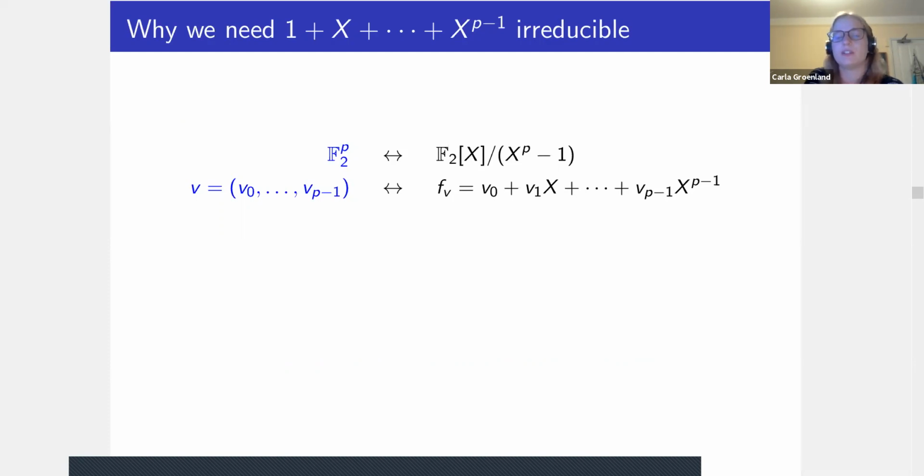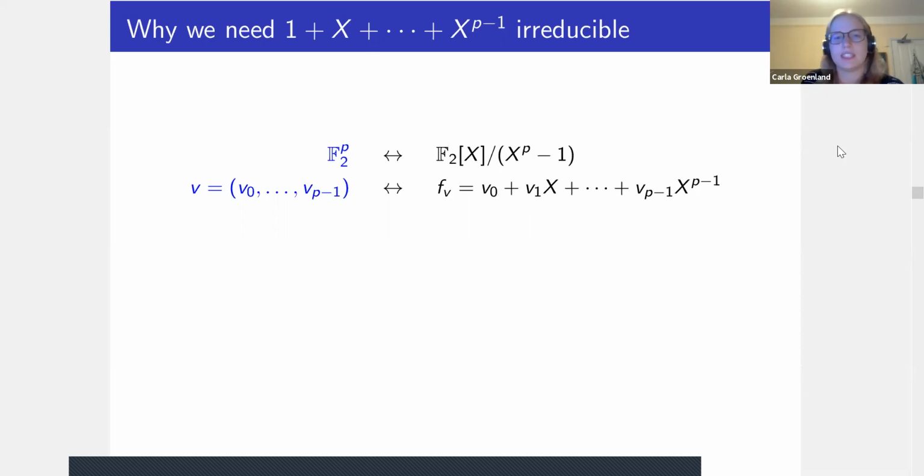And if we now look modulo the polynomial x to the p minus 1, then multiplication by x is the same thing as shifting, because v0 will become v0x, so that will shift 1 to the right, etc. And then v p minus 1 will loop all the way back.